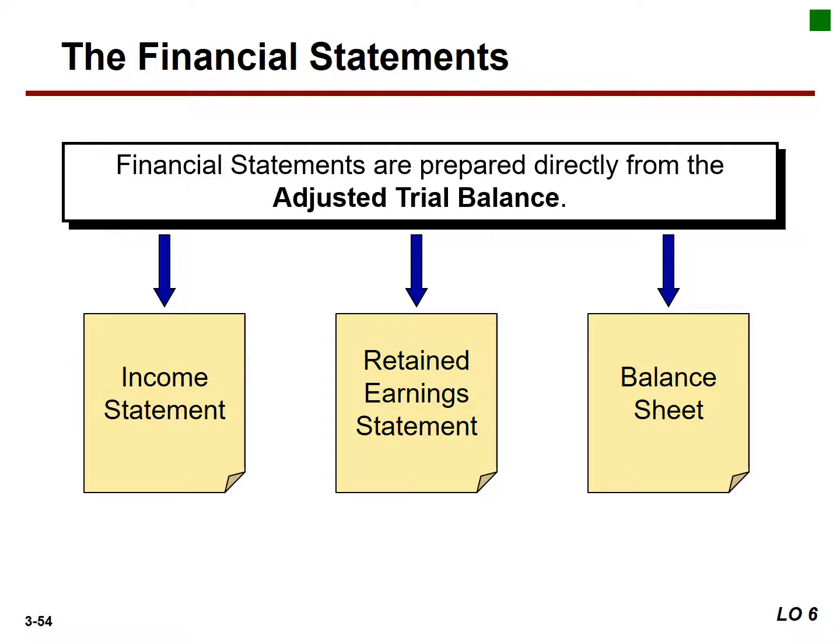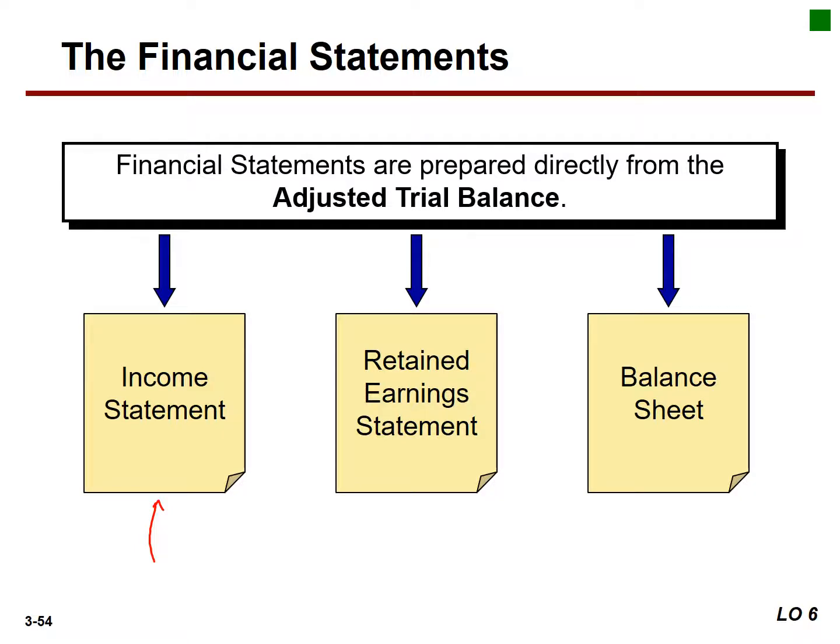Now let's look at preparing 3 of our 4 financial statements from our adjusted trial balance. First, our income statement. Remember, our income statement is going to record our revenues minus our expenses. That's going to give us a calculation of our net income if revenues exceed expenses, or a net loss if our expenses exceed our revenues.